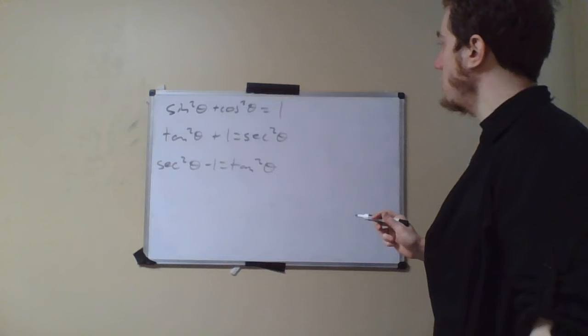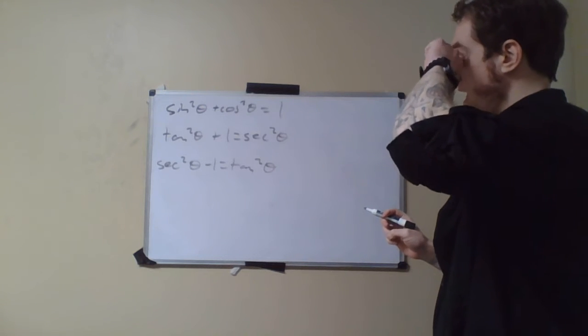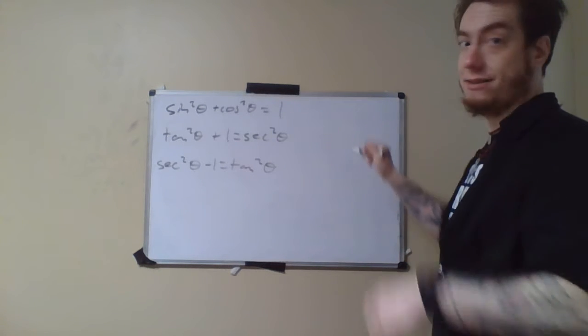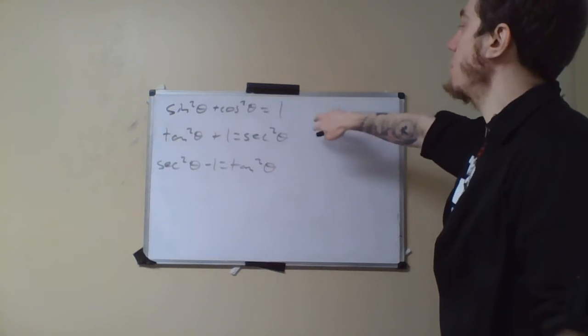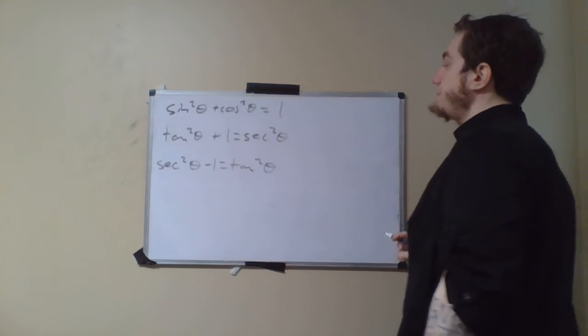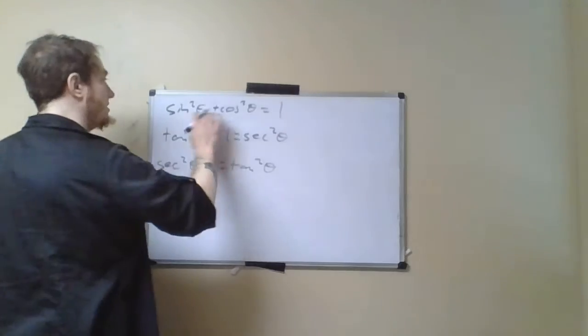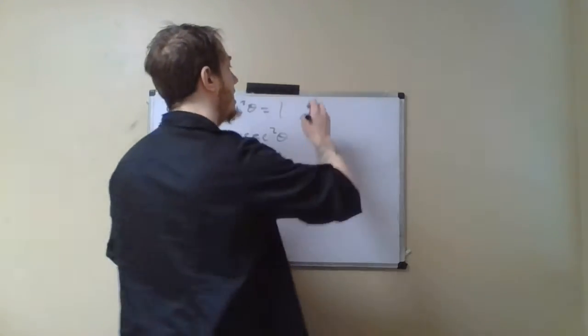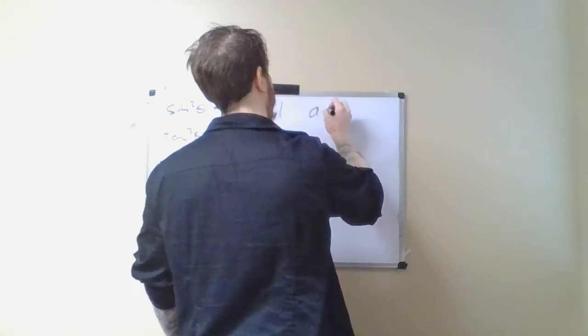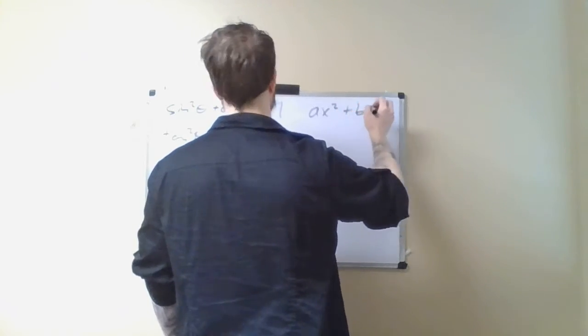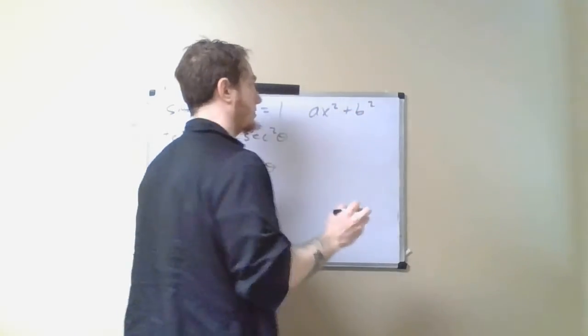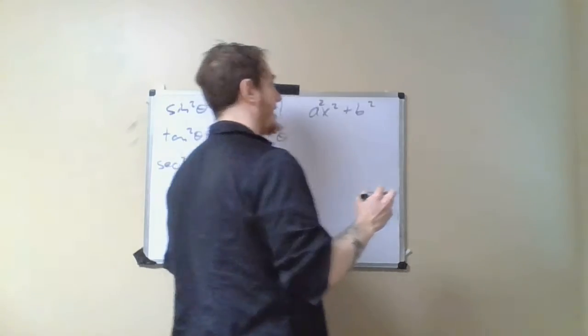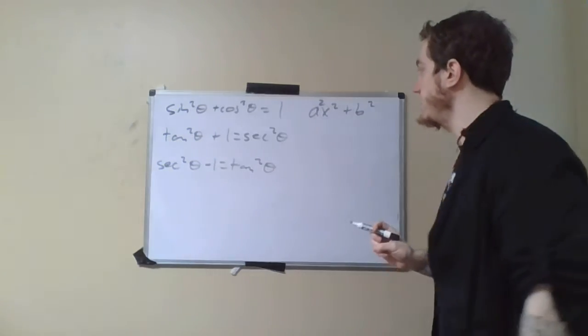So ultimately, what we're looking for is when we can get something into a form where one of these would be helpful. Well, this form is going to help if I have something that looks like a squared x squared plus b squared.